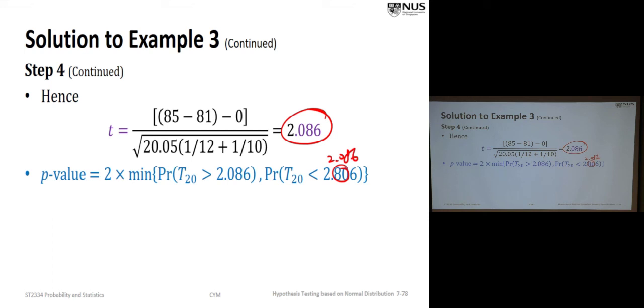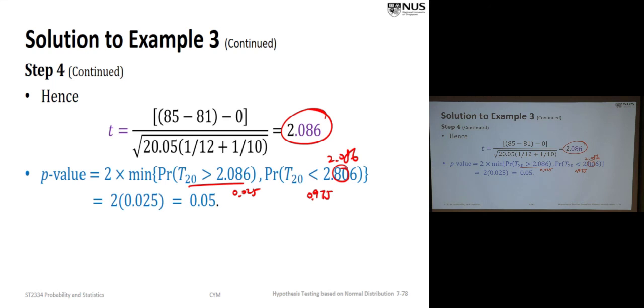So it turns out the p-value is 5%. Because the chance of being bigger than this number is 0.025, and less than it is 0.975, so 2 times 0.025 is 0.05.